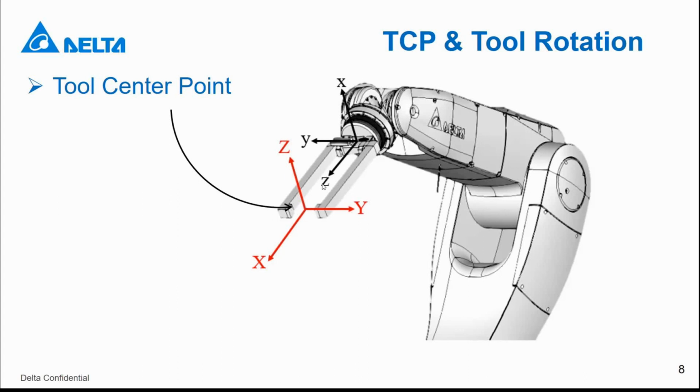Originally this will be in the flange on the robot. Then after the calibration, we will move this point to the TCP here. The other is the tool rotation. If sometimes this tool has an angle, it's not the same as the robot original flange, then we also need to teach this rotation of the tool.